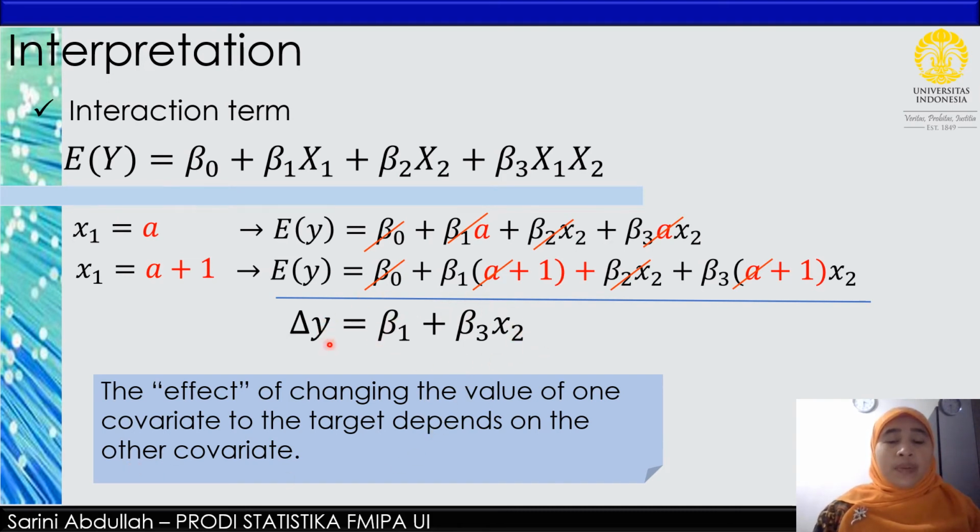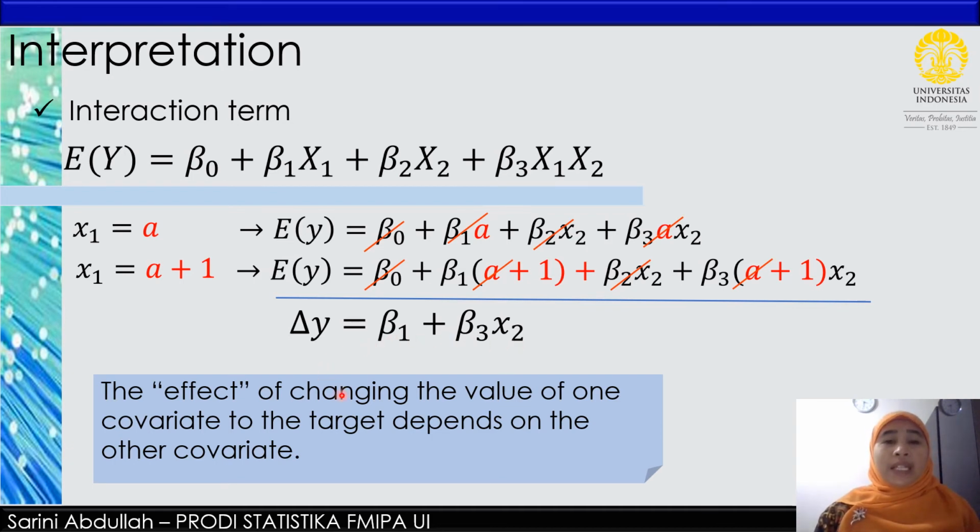With a similar procedure, we can also show that the effect of changing x2, for example, by 1 unit is not just beta 2, but it should be beta 2 plus beta 3 x1.